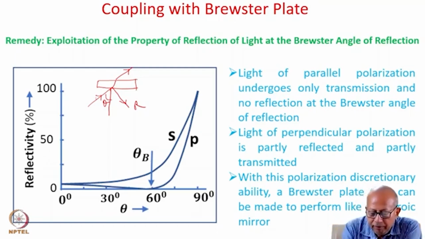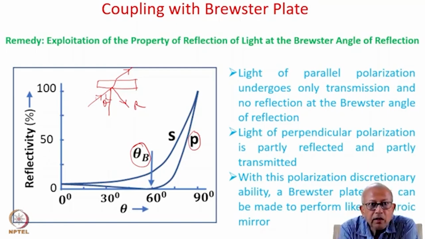As you can see, at an angle of incidence called the Brewster angle, we consider p-polarized light, which is the polarization contained in the incident plane. The incident plane is the plane that contains the incident light and the normal to the incident surface.